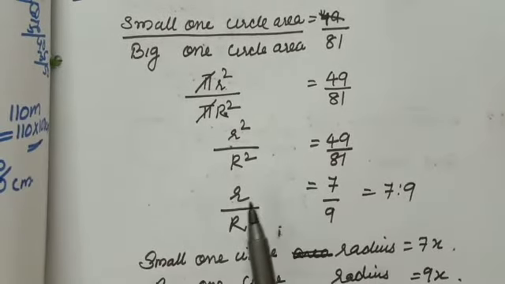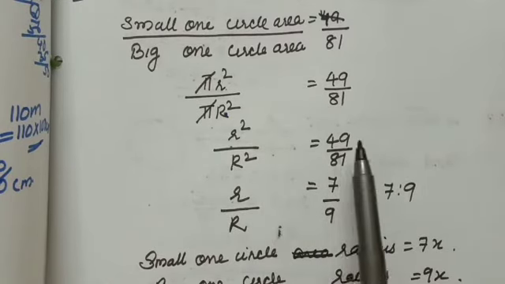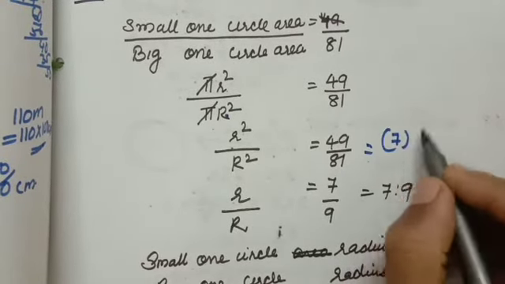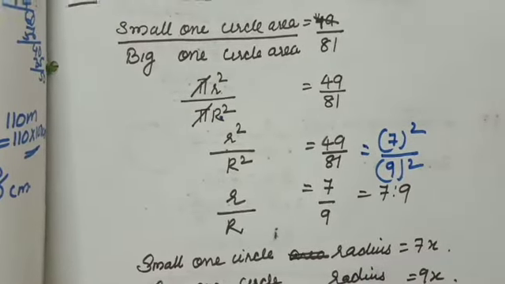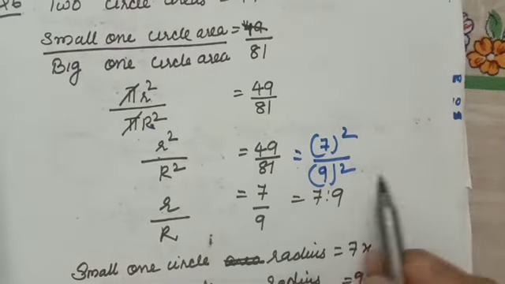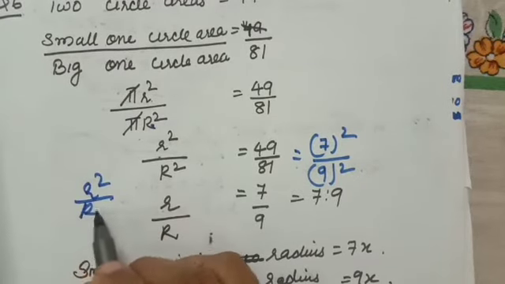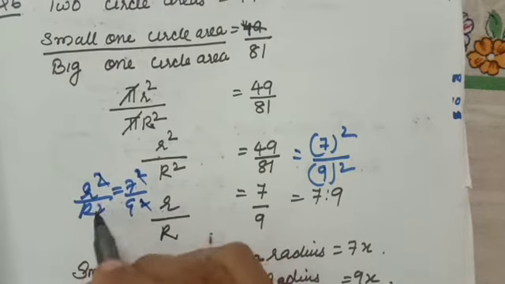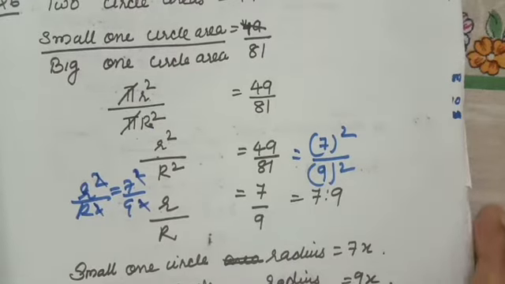So r square by R square is 49 by 81. That means 7 square divided by 9 square. Am I right? After that you can cut out. r square by R square equals 7 square divided by 9 square. Square will be cancelled. You will get r by R equal to 7 by 9, that is 7:9.